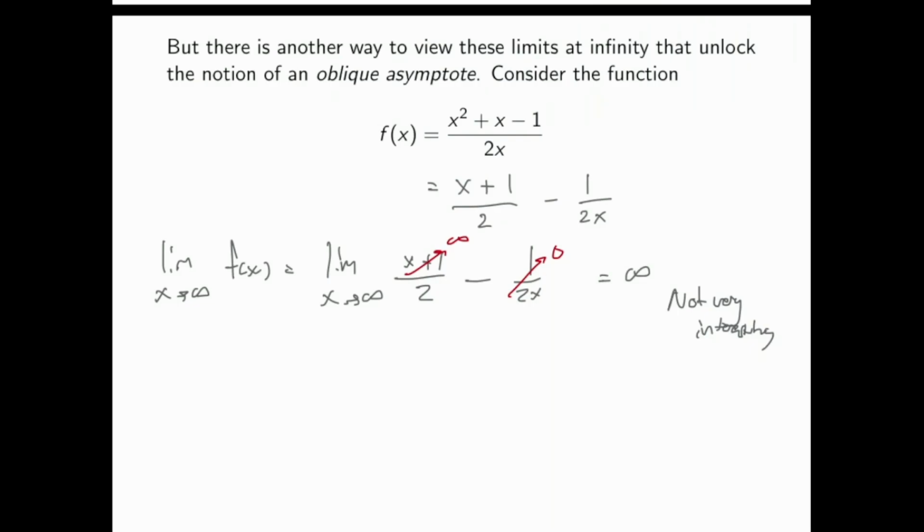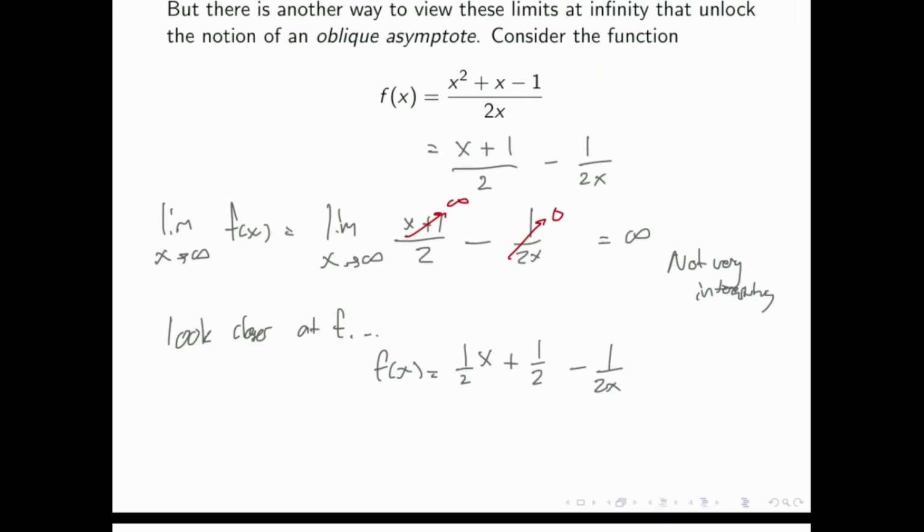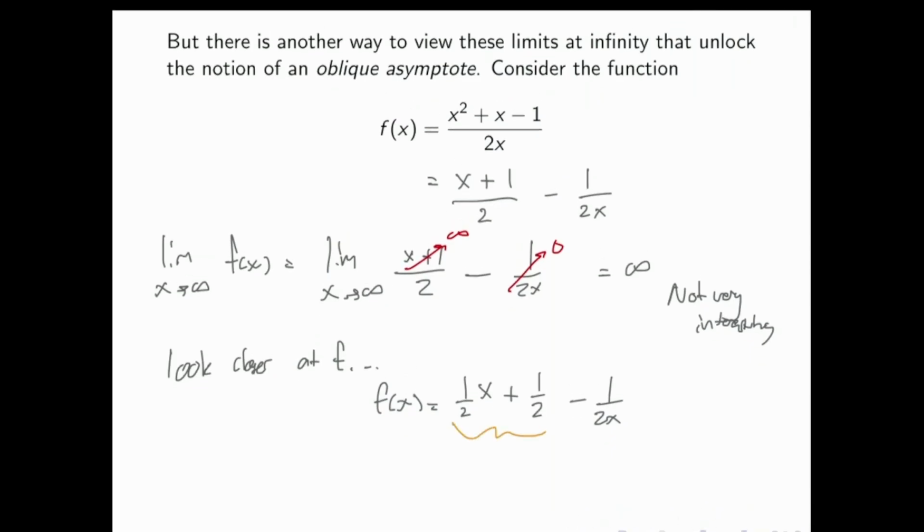But if we look closer at our function, we see that f of x is, let's write it like this, a half x plus a half minus 1 over 2x. And this is a linear function, and this guy is going to 0 when x is going to infinity.